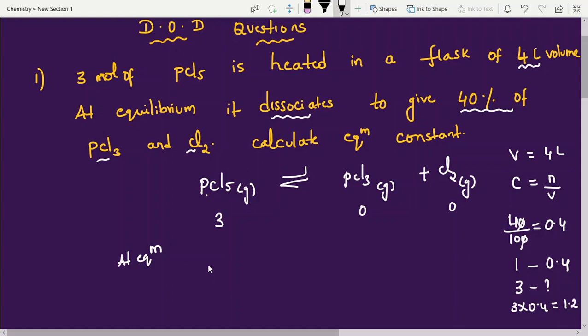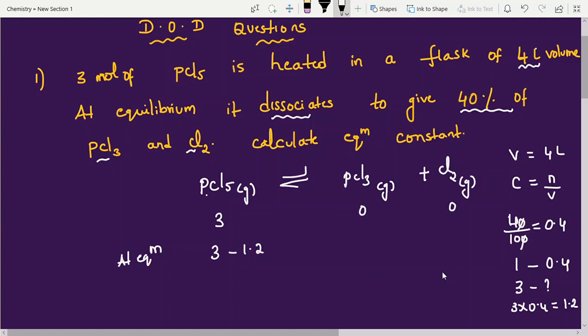This much dissociated at equilibrium. So 3 minus 1.2. If you have taken 3 minus 0.4, your answer will be wrong, students. If you take this method, then you can easily score marks in chemical equilibrium degree of dissociation numericals.